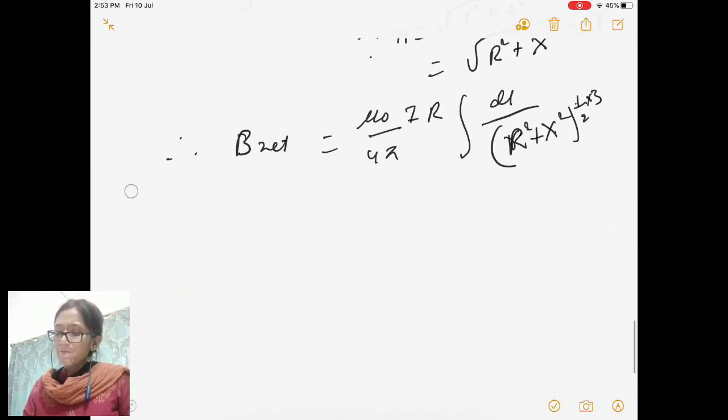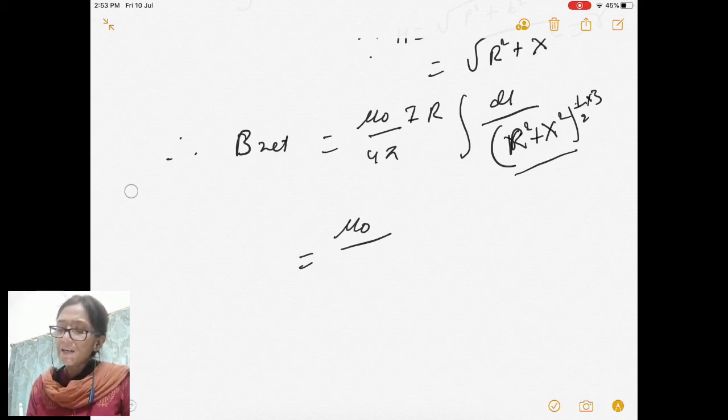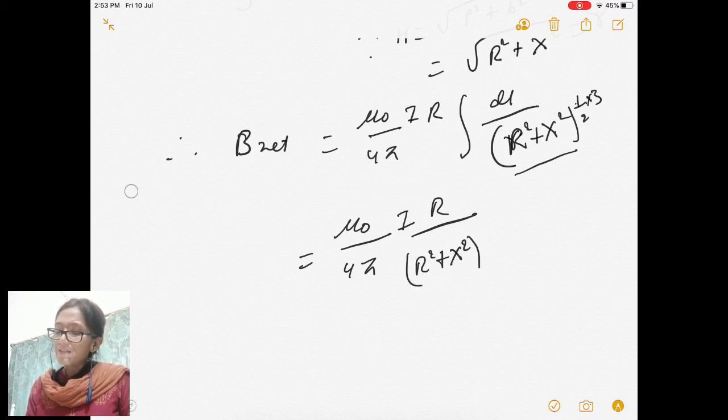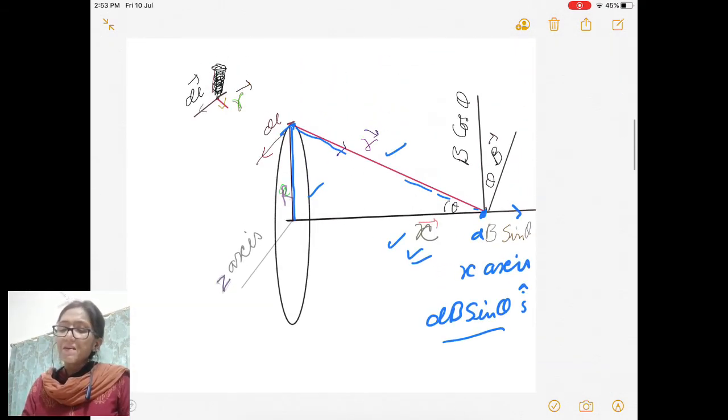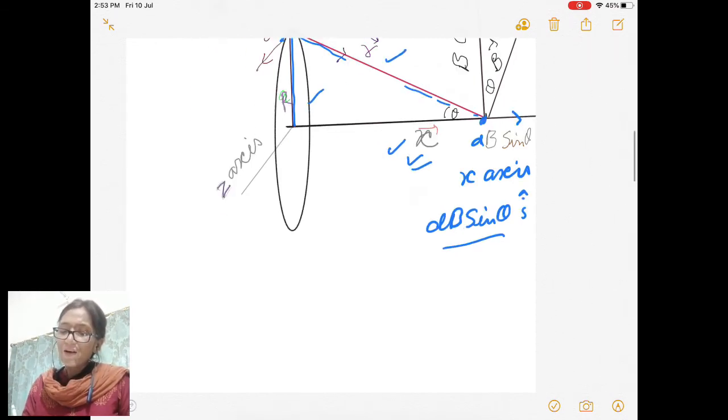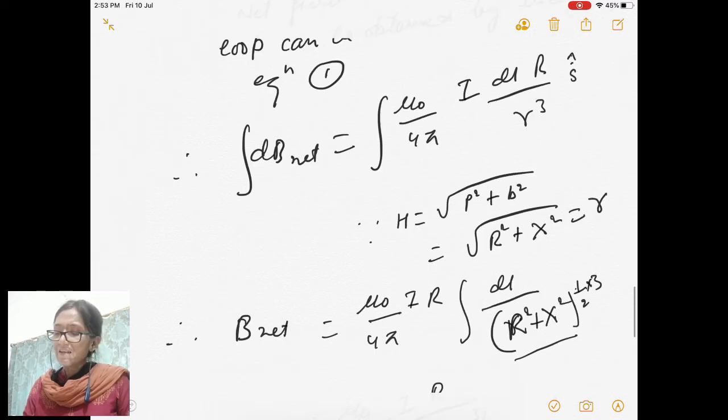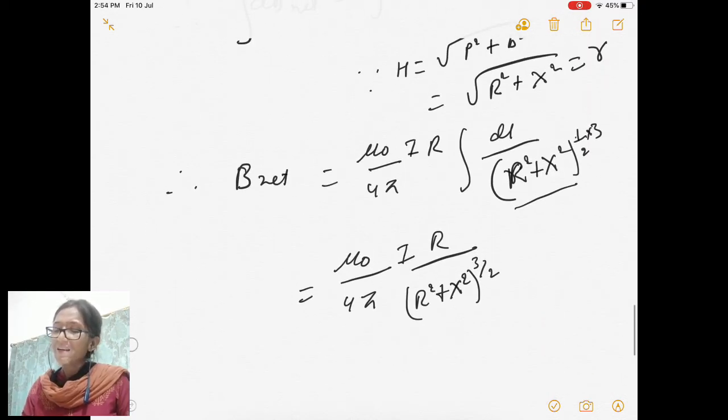So all such things must be out of this integration sign. It becomes equal to mu naught upon 4 pi I R upon R square plus x square whole power 3 by 2, and integration of dl. Total length element means circumference, and circumference is equal to 2 pi R only.